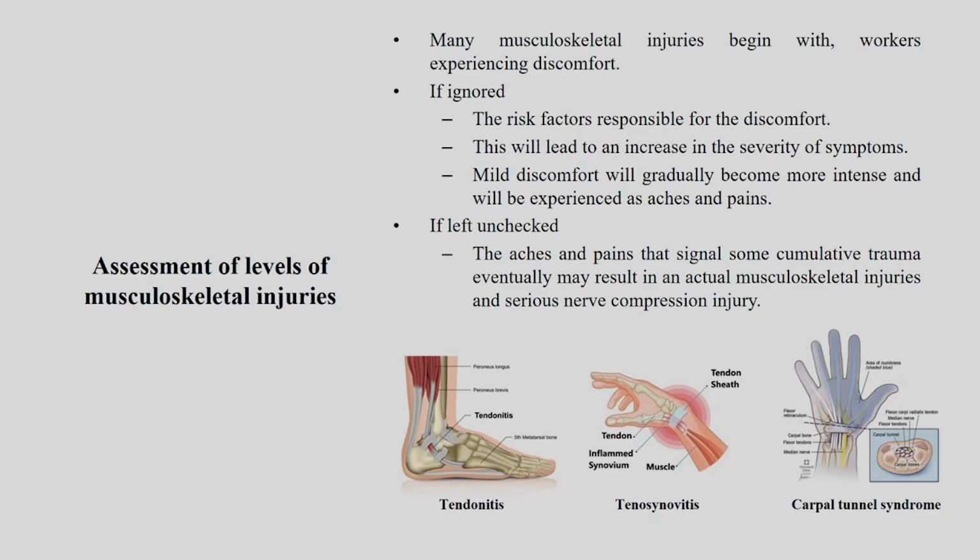This will otherwise lead to an increase in the severity of the symptoms. If someone is saying on a 10-point scale that the discomfort is at a level of 2 or 3, and someone else is saying at the level of 7 or 8, and if you are not in a position to understand and discriminate that, and you don't take any action on it, then the ultimate productivity or performance of that person will definitely go down, and ultimately the whole system will suffer.